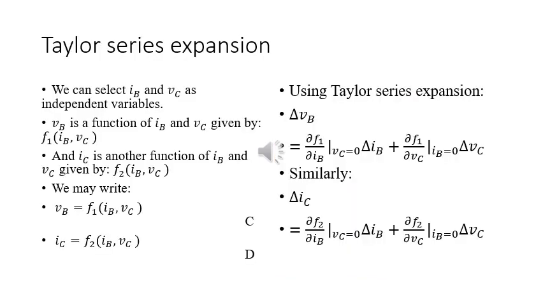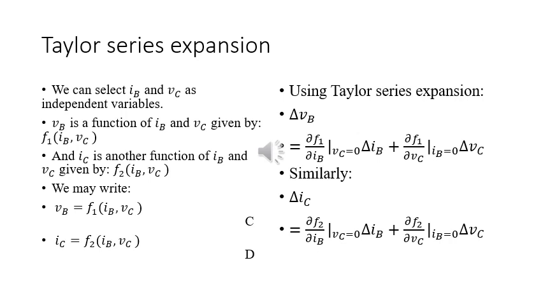We can select IB and VC as independent variables. Now VB as a function of IB and VC is given by F1(IB, VC), and IC is another function of IB and VC given by F2(IB, VC). We may write VB = F1(IB, VC), IC = F2(IB, VC).